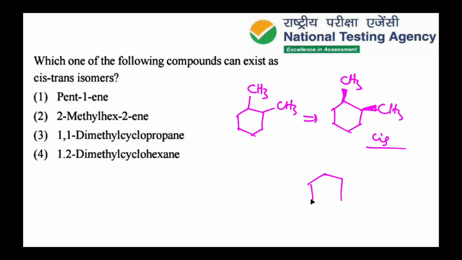Otherwise, the methyl groups are opposite to each other, one above the plane and the other below the plane, that is the trans arrangement. So 1,2-dimethylcyclohexane can exhibit cis-trans isomerism. So the correct option is the fourth option.